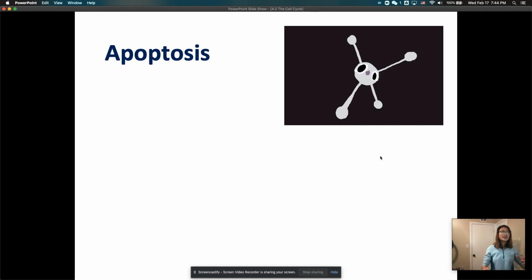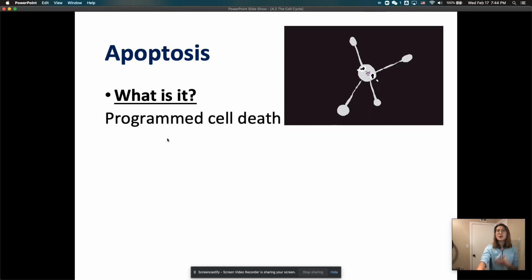Anyway, last thing that we're going to talk about today is called apoptosis. I love this word, apoptosis. It just makes sense. The cell is kind of popping, but it's kind of a terrible kind of popping. It actually dies. But apoptosis is what we call a programmed cell death, as in this is not an accident, right?